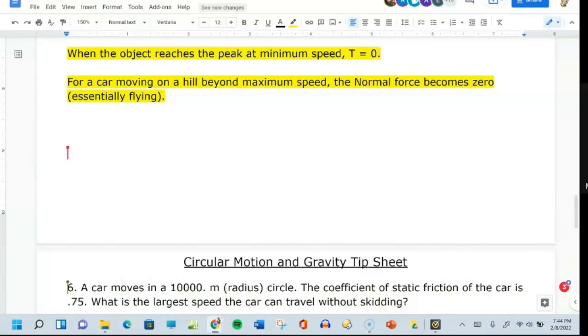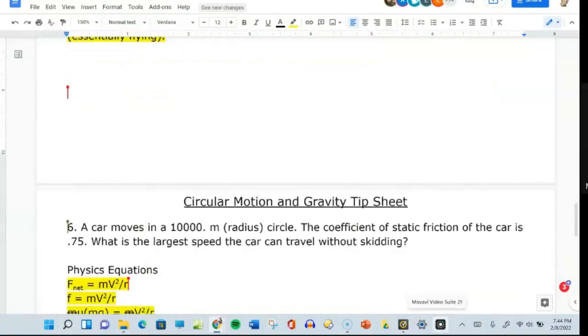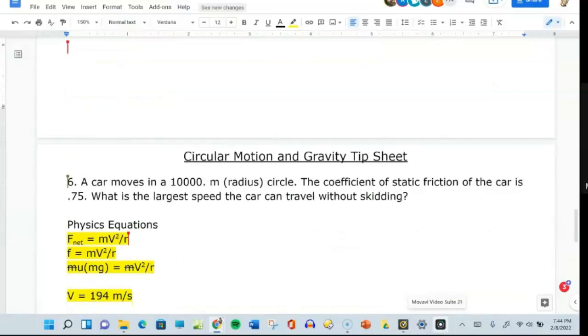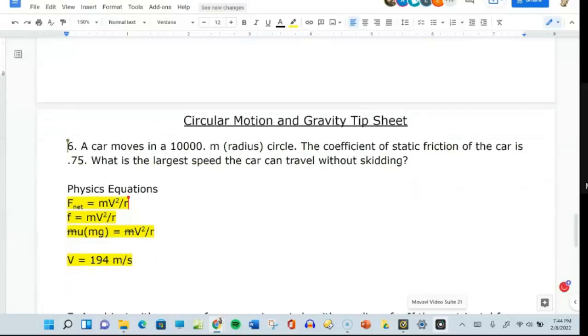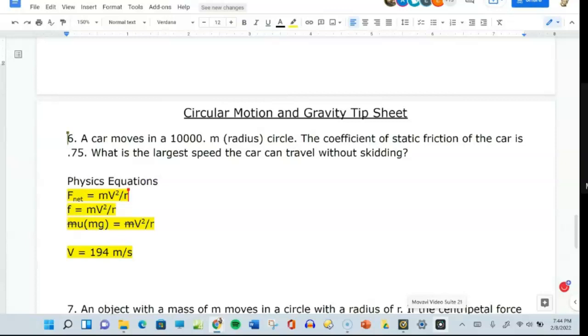All right, a car moving on a radius of 1,000 meters. It's got a coefficient of static friction of 0.75. What's the largest speed the car can travel without skidding? Now, when you're going in a circle, what is your centripetal force? It's the friction between the rubber and the asphalt.